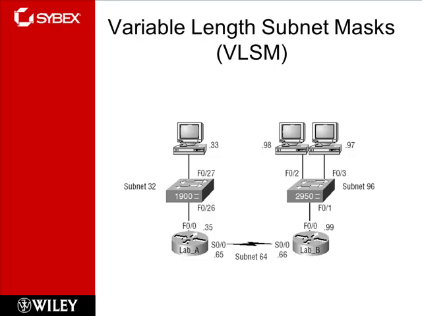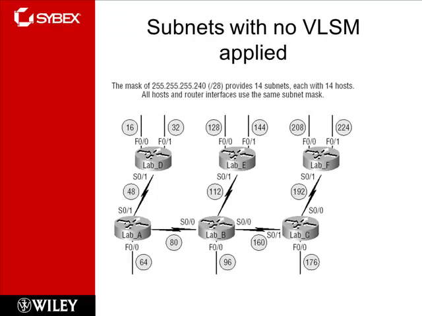Variable length subnet mask, subnet 64, and this one actually I want to go into is a couple of subnet 32, subnet. Okay, subnet 32, subnet 64, subnet 96. What he didn't tell us was how many of whatever he wanted us to do, did he? And this other one?